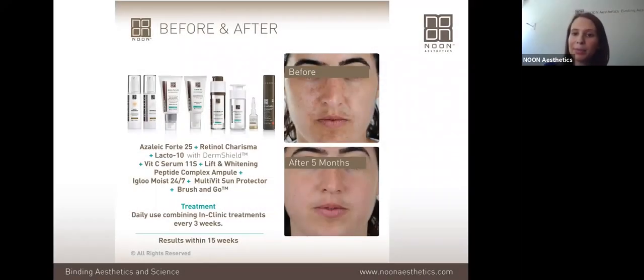Well, this is the before and after of a woman that actually has a few conditions of hyperpigmentation all together. When she was young, she had acne. So she has a history of using isotretinoin, also known as Accutane.